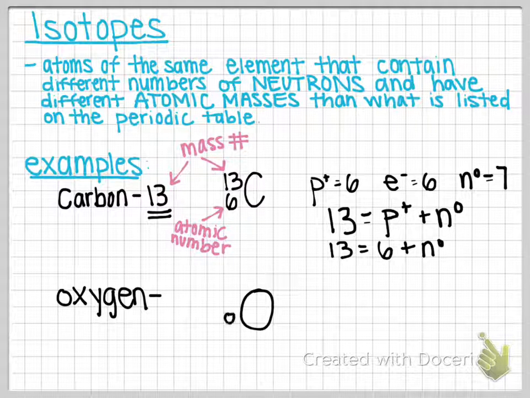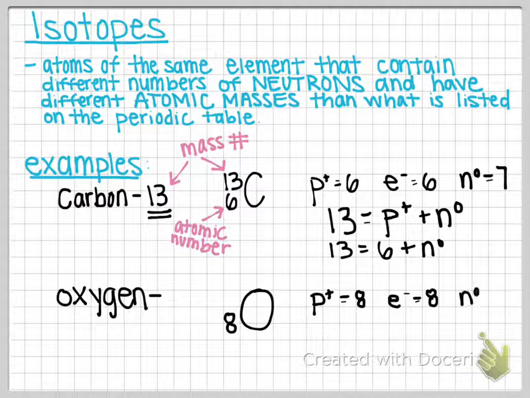So 8 is going to go on the bottom. I don't know the mass yet, but we know it has 8 protons, 8 electrons, and if I said that it had 10 neutrons, you could take that information and figure out the mass.